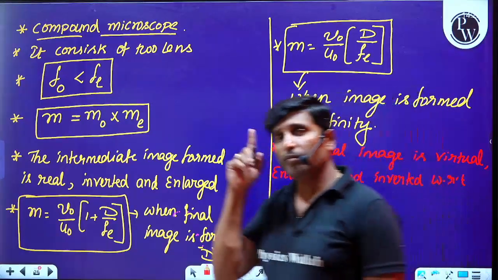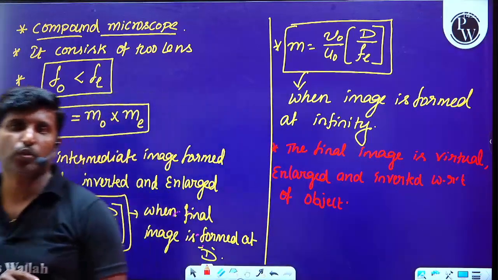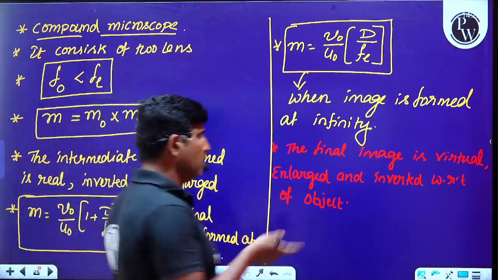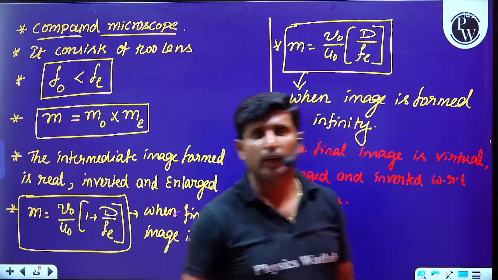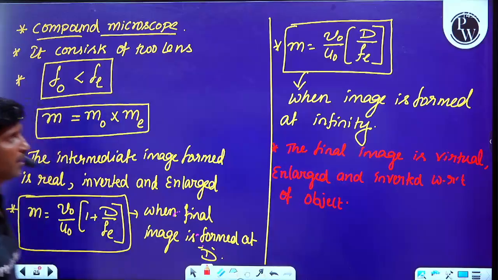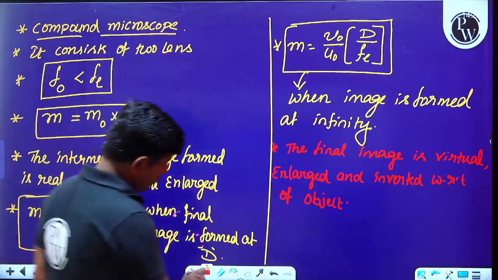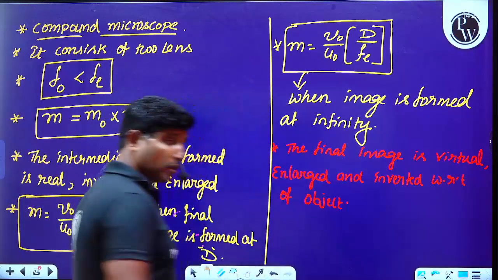Whenever you observe the final image in the compound microscope, it is inverted and enlarged, but it is virtual, because we cannot catch that image on the screen.